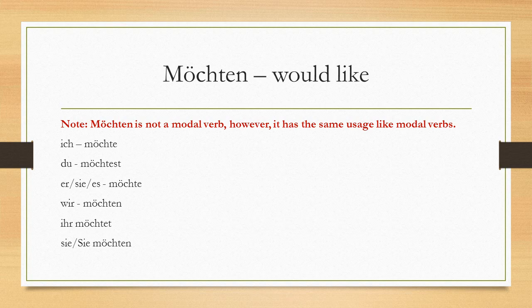And there is a difference because when we use wollen, we talk in present simple tense form, but when we use möchten, then we talk about the future. For example, I would like to become a businessman. I would like to do something. It means now it's not possible, it's a wish that you would like to achieve.